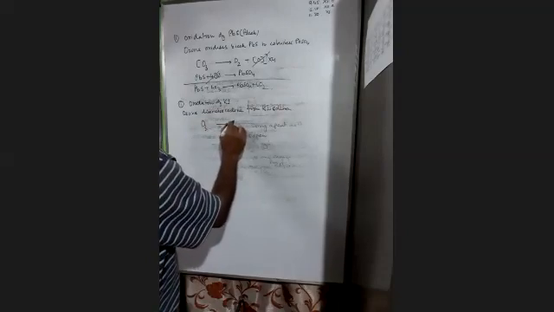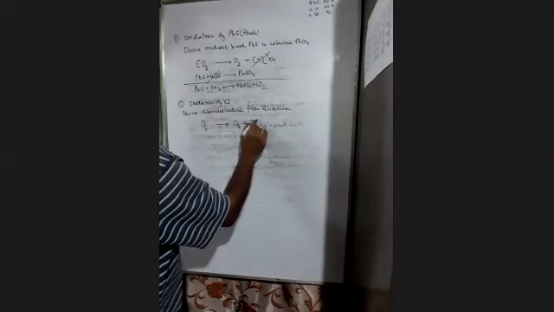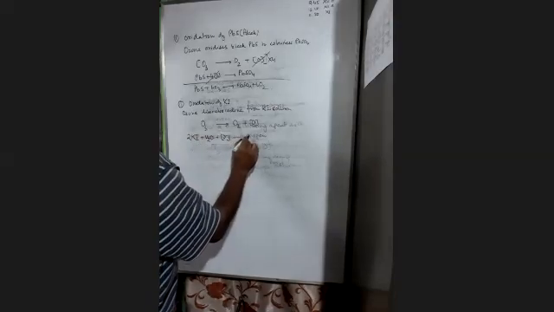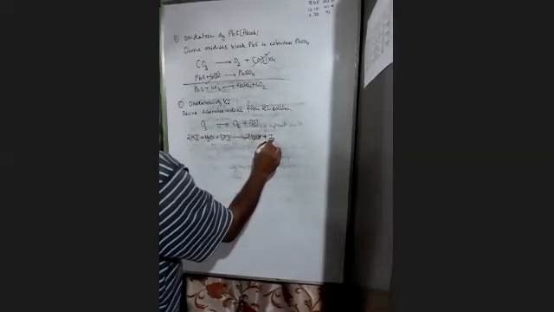So I'll write now here: O3 gives you O2 plus O. Then after that, I'll write here 2 potassium iodide plus H2O plus O gives you potassium hydroxide and I2.